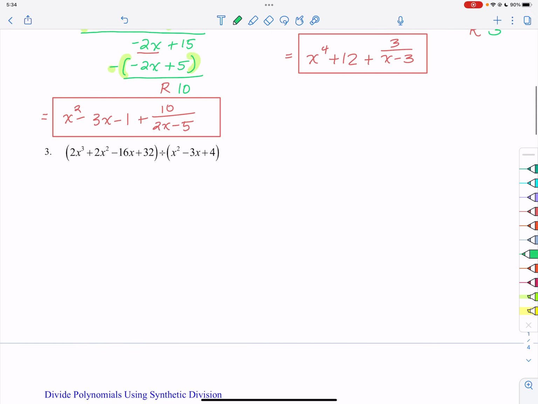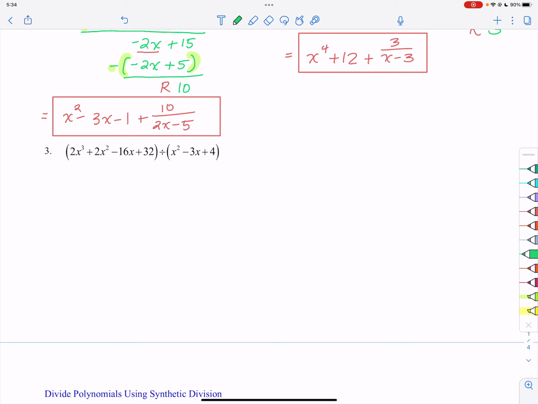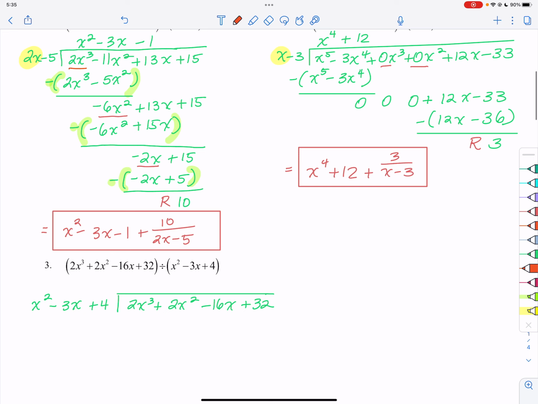I don't see any missing powers, so we have our divisor of x squared minus 3x plus 4. And we have 2x cubed plus 2x squared minus 16x plus 32. Okay, and again, we're focused on that x squared.